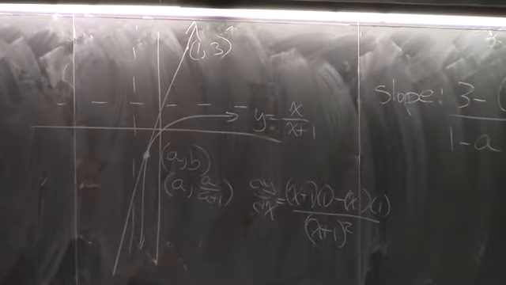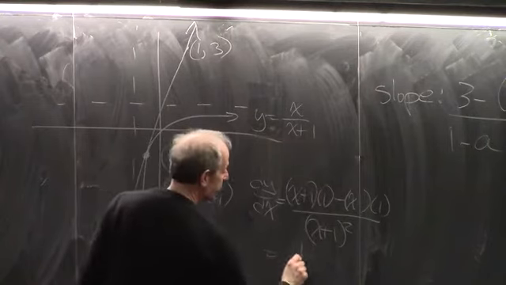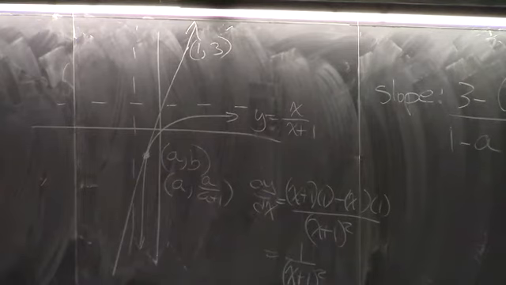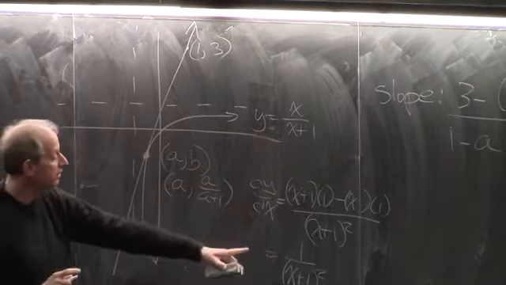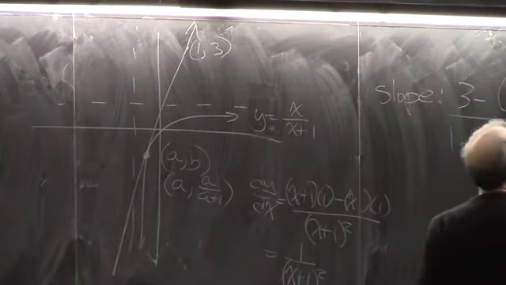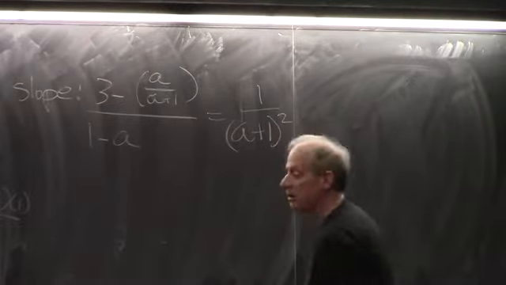That's the derivative. Which simplifies into x plus 1 minus x over x plus 1 squared, which equals 1 over x plus 1 squared. So remember, the derivative is the slope of the tangent line. So now if I plug in a, I should get the same slope. I should get 1 over a plus 1 squared.